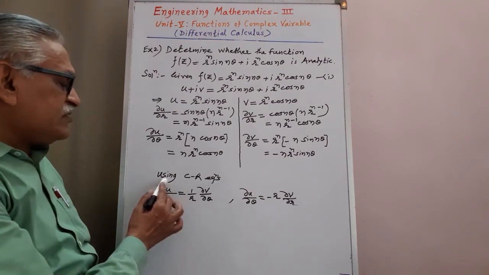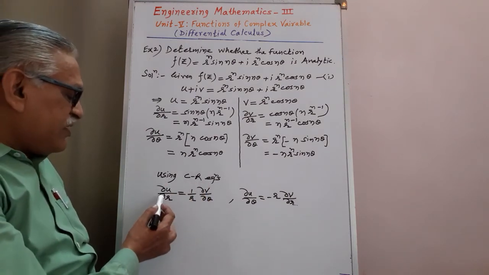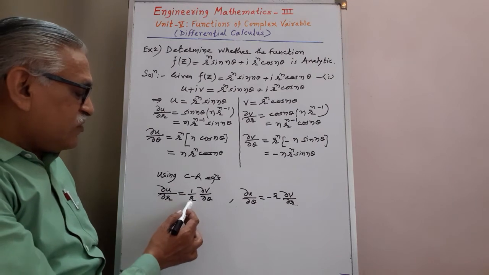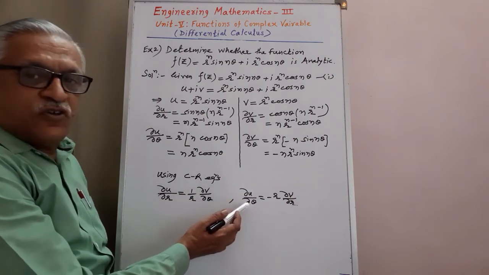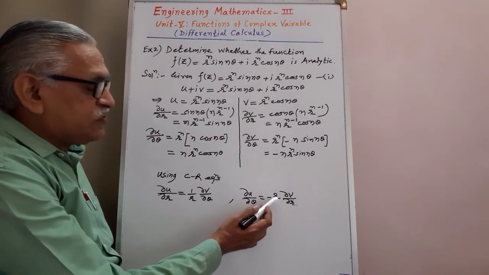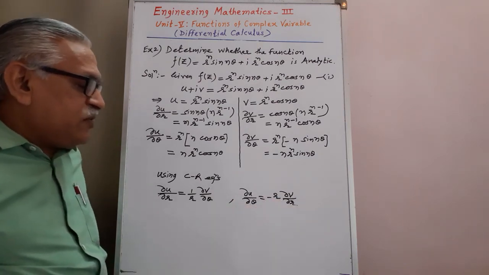And then we check the CR equation. Equation number 1, dou u by dou r is equals to 1 by r dou v by dou theta. And second equation is dou u by dou theta is equals to minus r dou v by dou r.